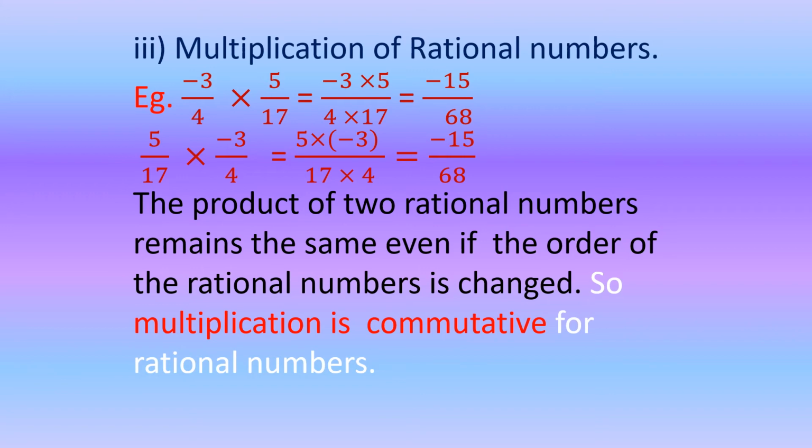Now we are changing the order, that is 5 by 17 comes first and negative 3 by 4 comes second, and the product gets you the same answer, negative 15 by 68. You can try with different pairs of rational numbers, and you see that the product of two rational numbers remains the same even if the order is changed. So we say multiplication is commutative for rational numbers.